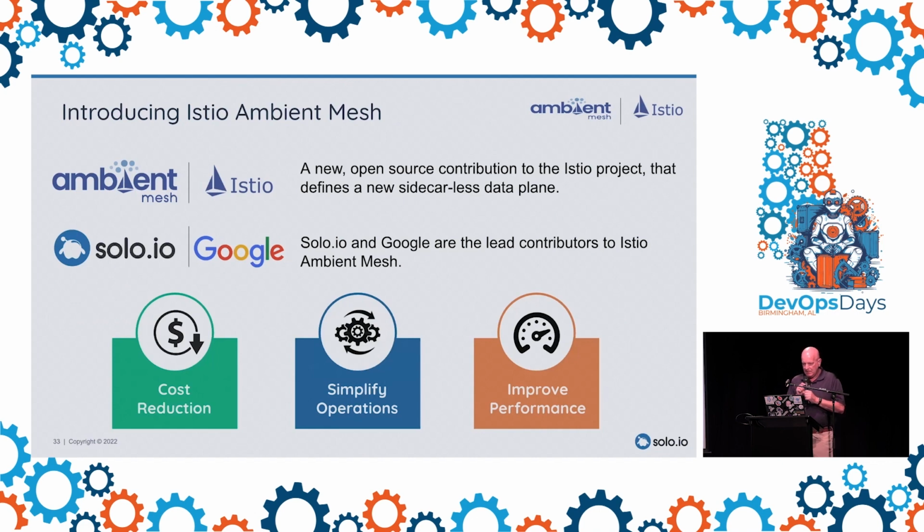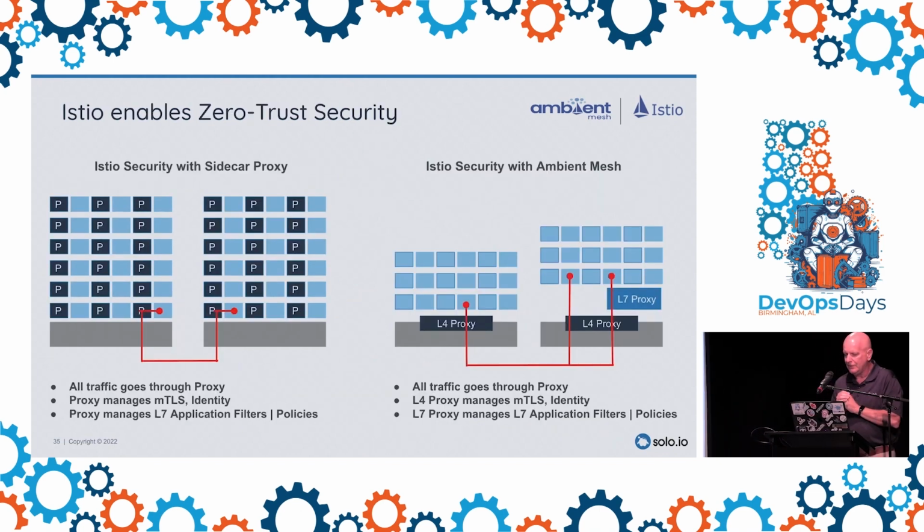Okay, so Ambient Mesh is an open source contribution to the Istio project. And at a technical level, the significant thing that happens here is that Ambient Mesh defines a sidecar-less data plane. Why is that significant? Well, if you look at the traditional data path of an Istio request, you see something like the diagram on your left there.